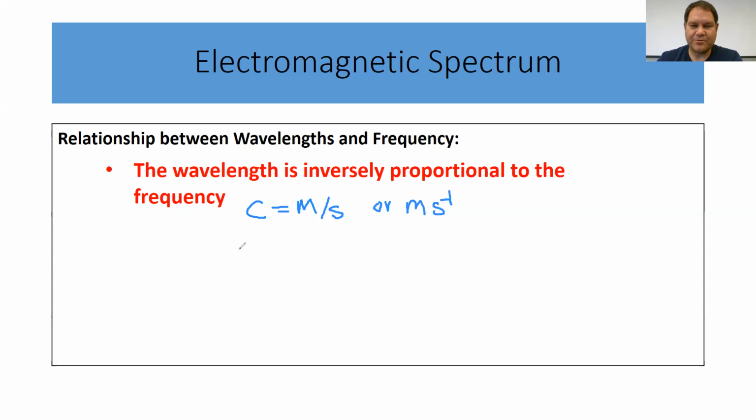Those are the units for the speed of light, right? Now for wavelength, because we're using distance in meters, the wavelength must also be in meters. And frequency must be in cycles per second, or per seconds, okay? In other words, 1 per second, okay?